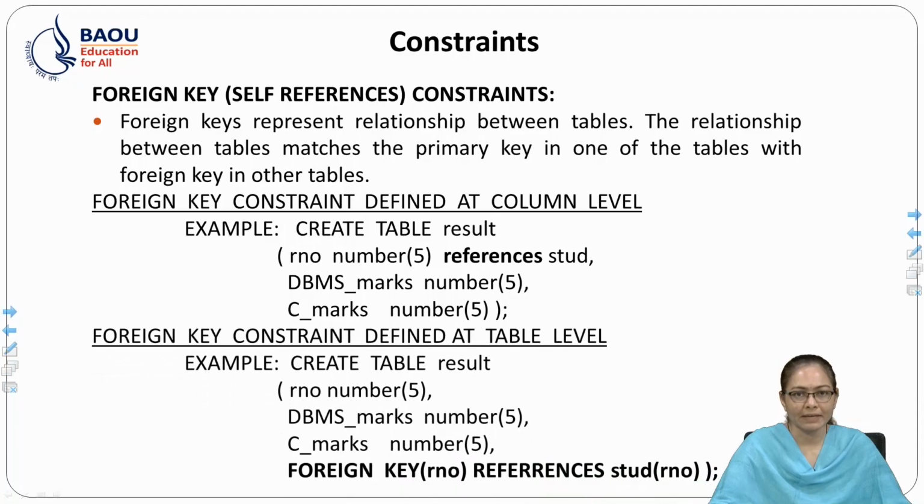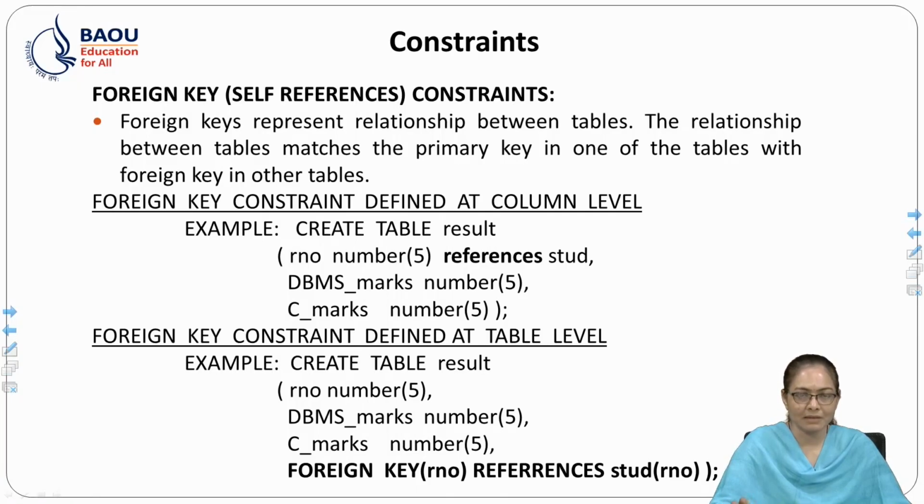Now, the foreign key constraint defined at the table level means after the table is created, then we declare the foreign key. For example, create table result, in the bracket roll number, number in size 5, comma, DBMS marks, data type is number and in the bracket size is 5.